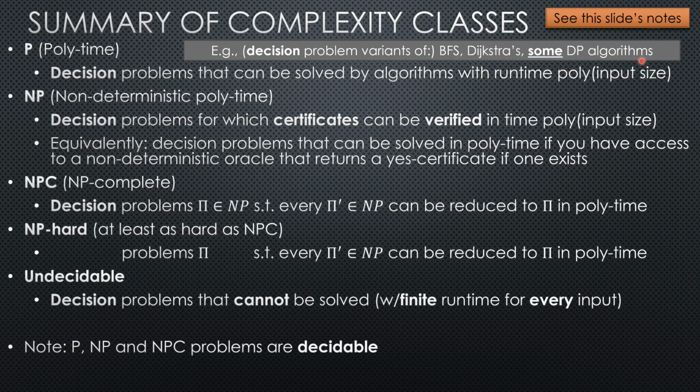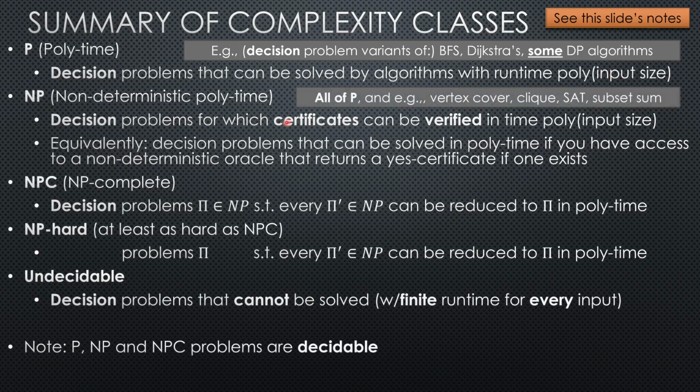There were some dynamic programming algorithms we saw that are not necessarily polynomial in the input size for all input sizes. So, for example, the knapsack problem was not polytime in the input size for all input sizes. So that is not a problem in P. And so that would only be polytime for some subset of the input sizes. I think I have one post on Piazza about that if you're curious.